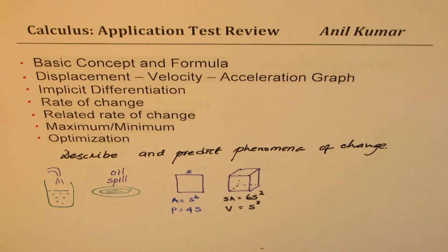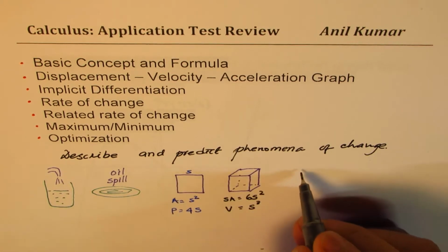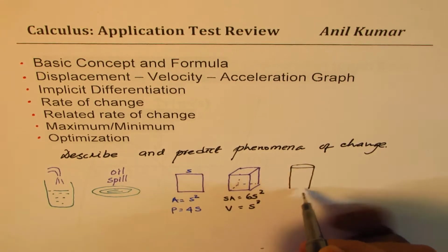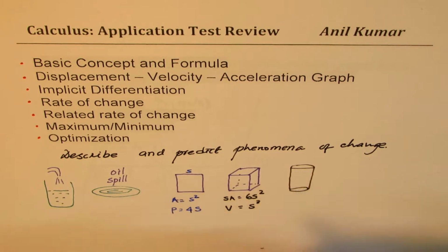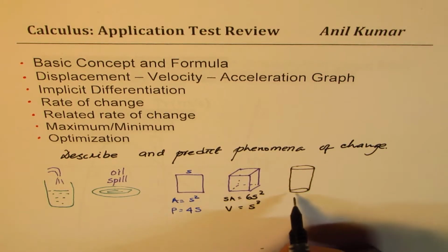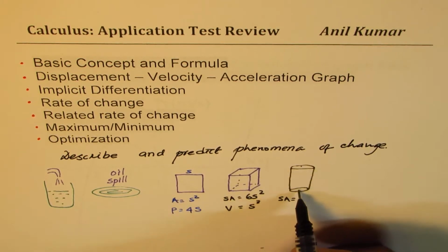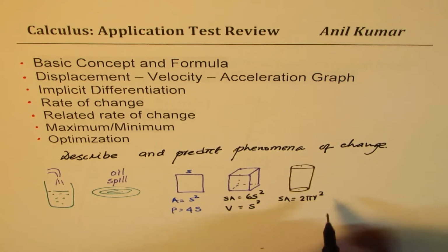Then we'll consider different shapes. We'll take up cylinders, right? So if we have a cylinder like this, we are talking about surface area and volume. In that case the formula for surface area will be, there are two surfaces which are circular, that gives you 2 pi r square, right?